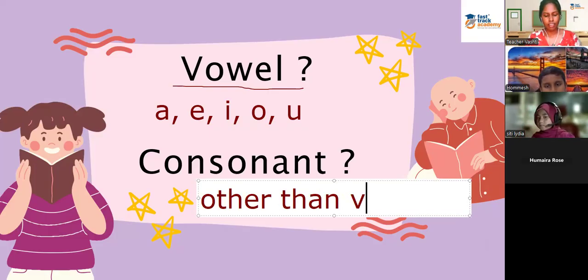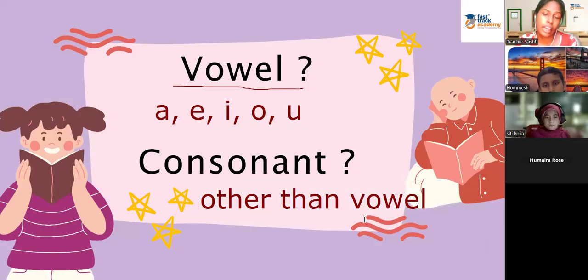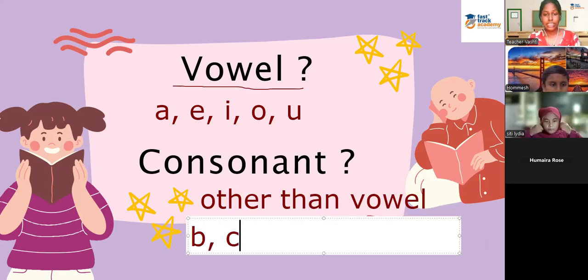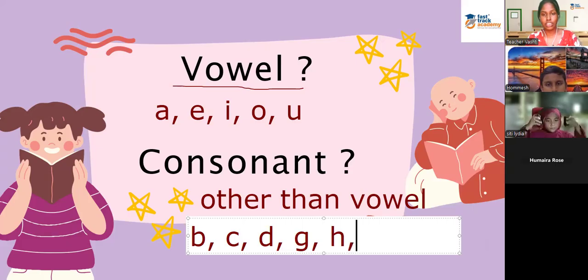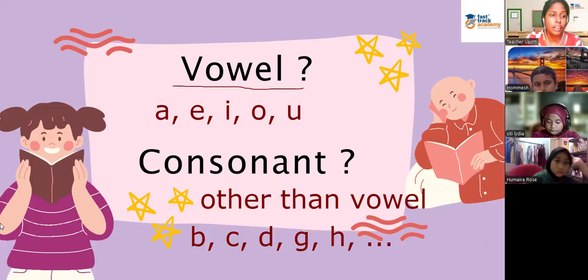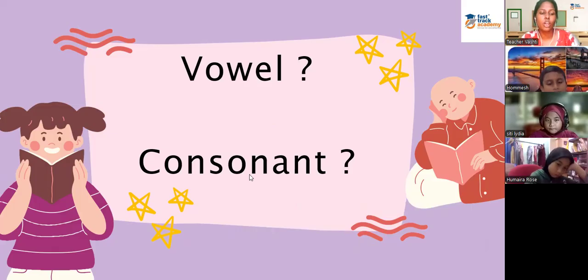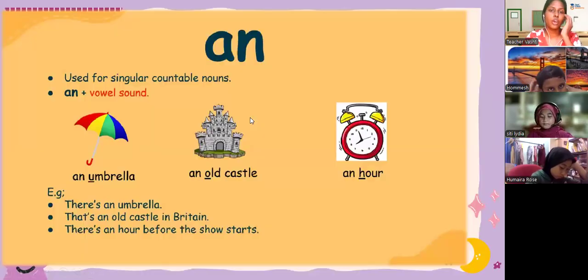Consonant is other than vowel, selain daripada vowel, selain daripada A, E, I, O, U. For example, B, C, D, G, H, and so on. So these are what we call consonants and vowels. So what are your vowels? Apa tu vowel? A-E-I-O-U. Good. Kalau consonant? Other than A-E-I-O-U. Very good.